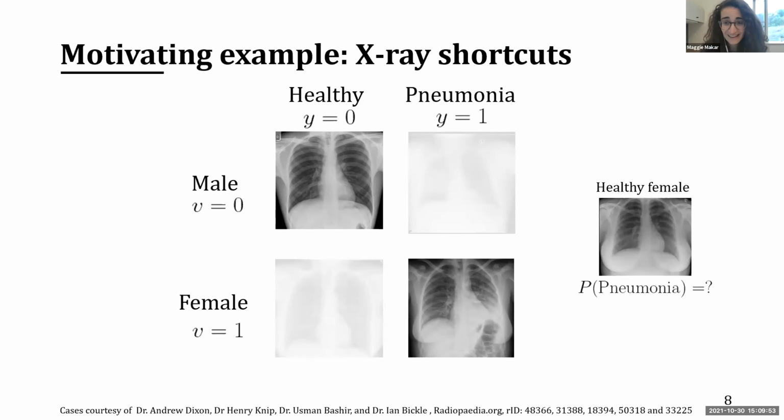What happens at test time, if we're not careful, is that we might incorrectly predict that a healthy female has pneumonia, just because our model has learned to encode representations of something like the breast tissue as a shortcut. So how does viewing this problem from a causal perspective help?